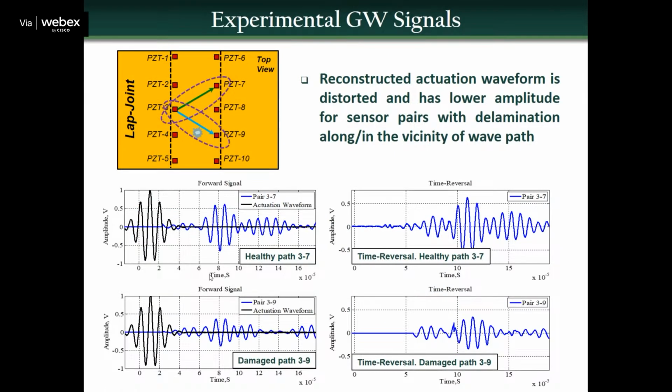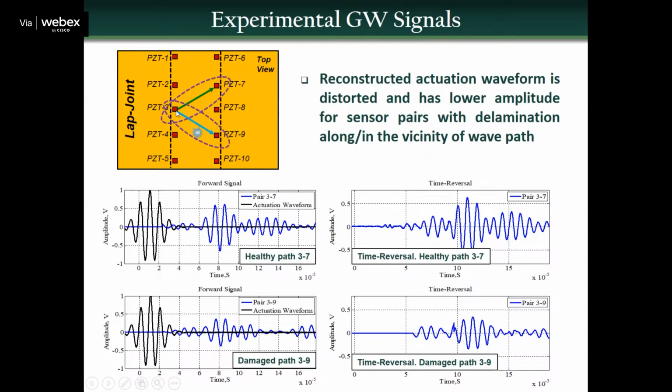Okay, so now let's look at some of the results here. So I have those PZT sensors labeled. Now I have the pairs 3-7 and 3-9. Let's look at those two pairs. I can have a reconstructed actuation waveform obtained as I just explained.